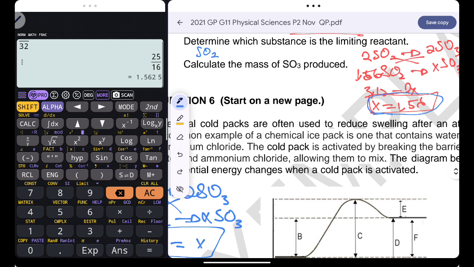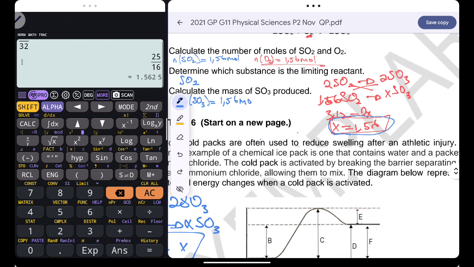So this x just represents the maximum number of moles of products, which is sulfur trioxide, that are produced. It's 1.56 moles.